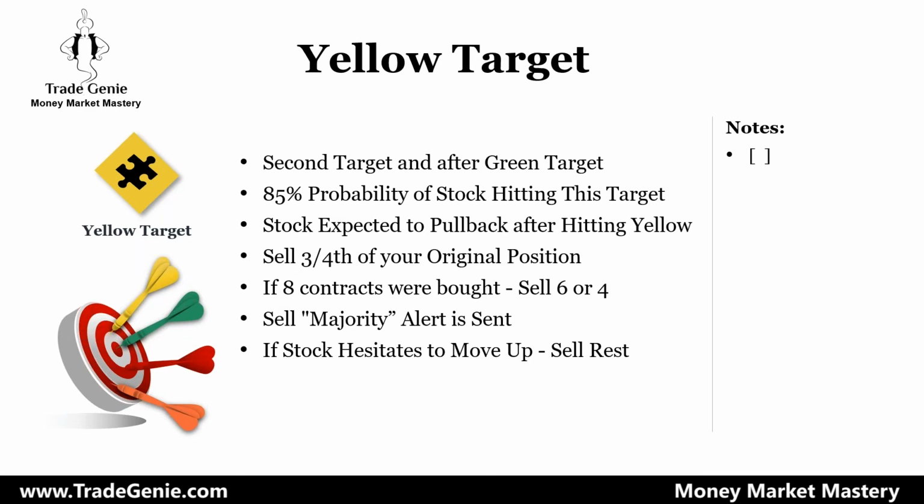If you think that's the resistance and you have accurately figured it out, the stock is supposed to pull back, because the other name for resistance is that the sellers are sitting there. The other name for support is that the buyers are sitting there.